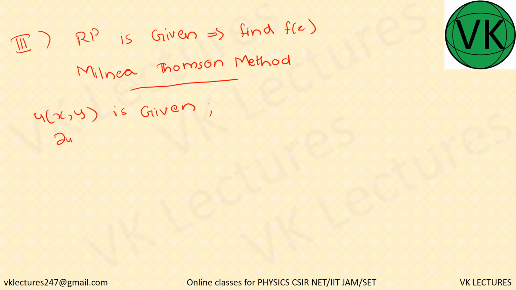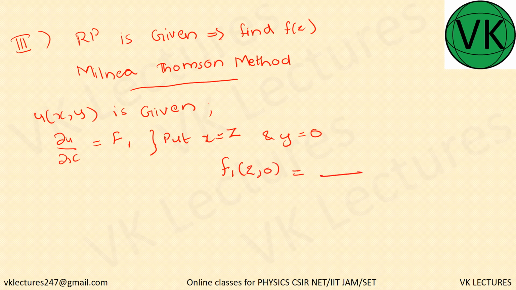So, dou u by dou x is equal to f1. Put x is equal to z and y is equal to 0. Then we are going to get f1 of z, 0. And dou u by dou y, we are getting some answer, f2.